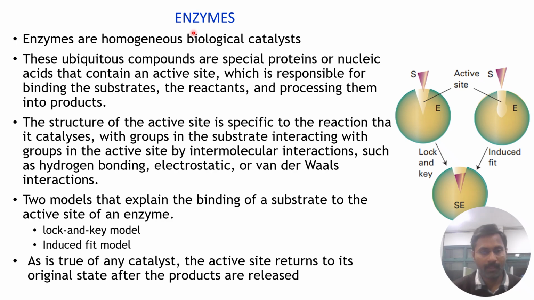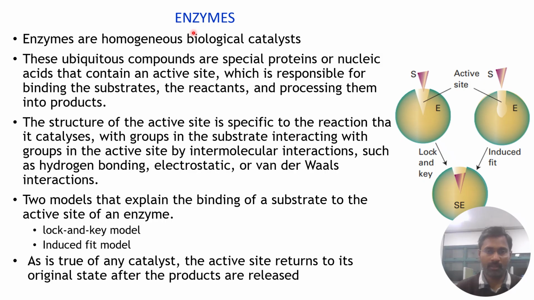Enzymes are homogeneous biological catalysts. These ubiquitous compounds are either special proteins or nucleic acids that contain an active site. That active site is responsible for binding the substrate or the reactants and then slowly converting them into products. The most important part of the enzyme is the active site. This active site is specific to the substrates that it catalyzes, so all enzymes do not work for all reactions.